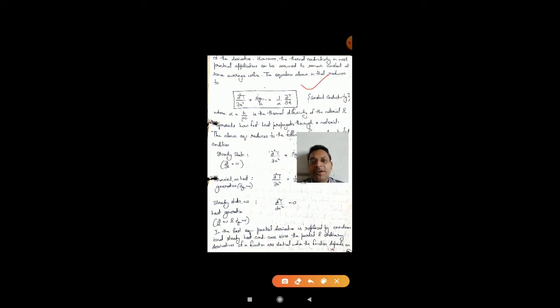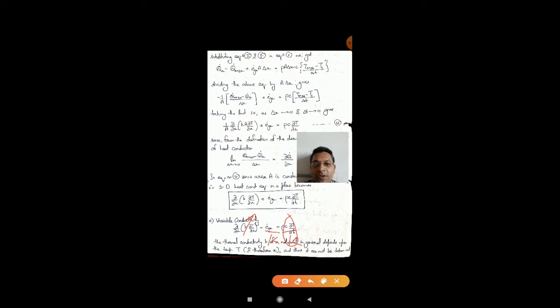So how is it written here? When thermal conductivity is taken out of the differential sign, then K will go under K and under K. So this reduces to alpha, the thermal diffusivity, which I have taught you earlier.